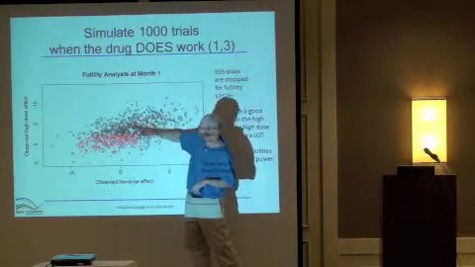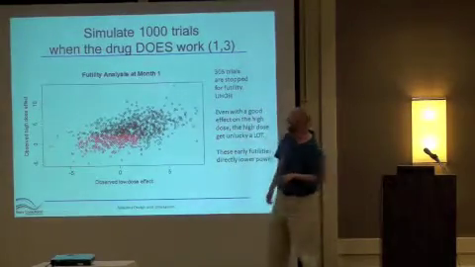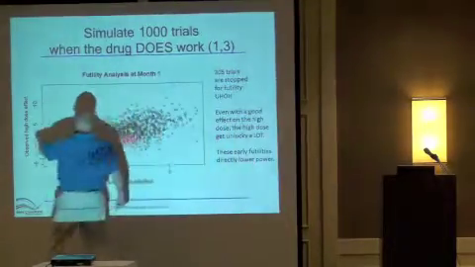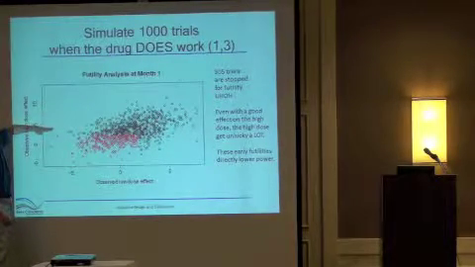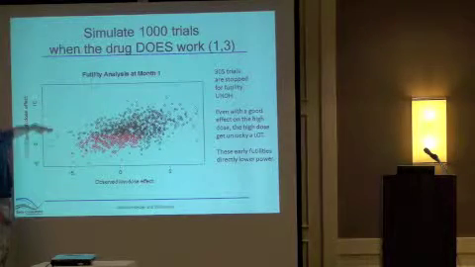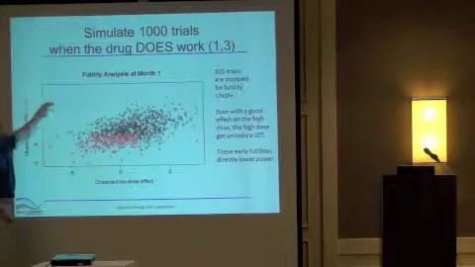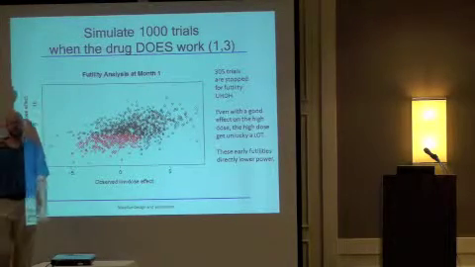Even though the drug is truly effective, with the high dose having an effect of 3, that's this axis. The truth is this line, but in actuality, you can get values as low as -3, -4. You can get values that are up to 10. By random chance, a lot of trials get stopped.